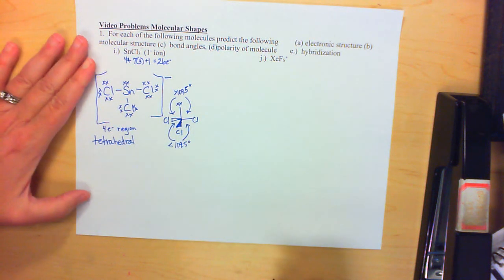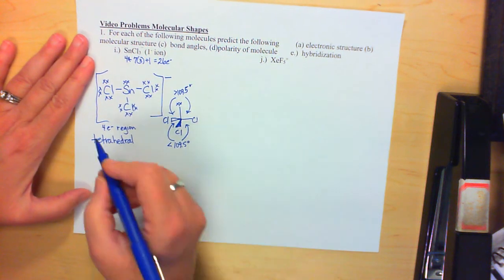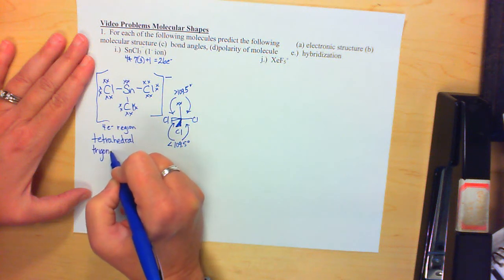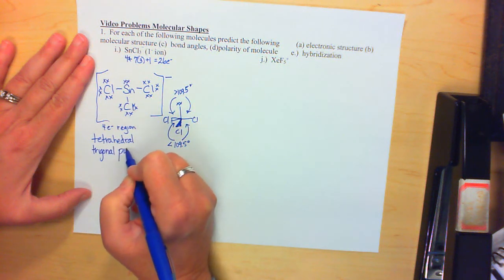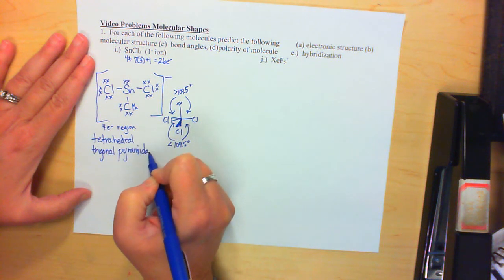If that's the case, then I don't have a pure tetrahedral for my molecular. What I have is a trigonal pyramidal. So basically a pyramid with a triangle base.